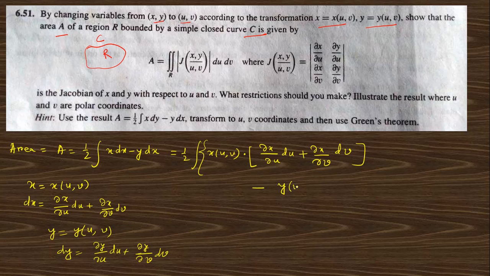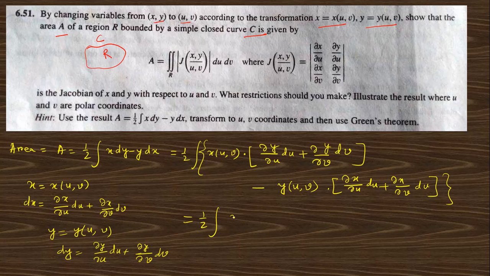This is dx. Minus y, which is also a function of uv, into dx. This is dy and this is dx. dy means del y by del u into du plus del y by del v into dv, and dx means del x by del u into du plus del x by del v into dv. Clear? Just push this value, and you can write it with respect to u and v.